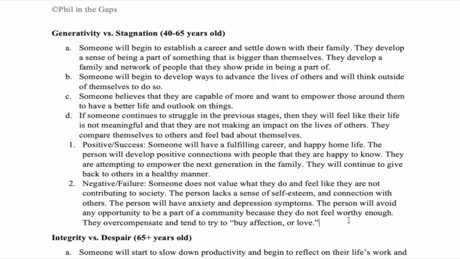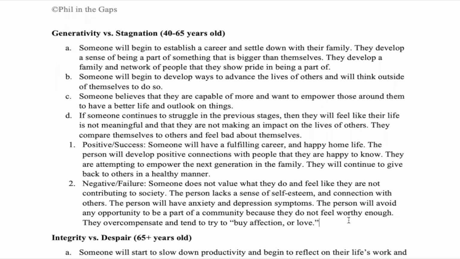And negative or failure within this stage is someone that does not value what they do and feels like they're not contributing to society. So the person lacks a sense of self-esteem and connection with others. So the person will have anxiety and depression, and the person will avoid any opportunity to be a part of a community because they do not feel like they're worthy enough, and they're always going to compare themselves to other people in that community, and it's going to be a forever battle of them not being enough.